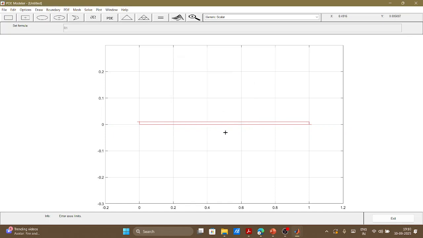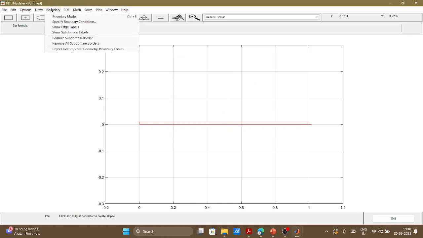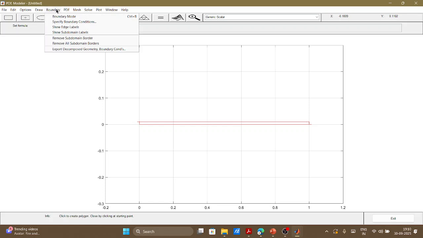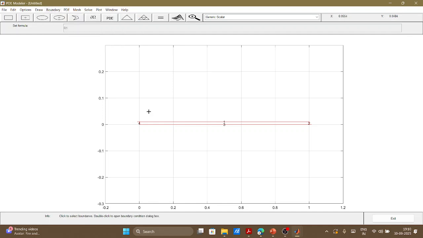Close, right? So this is my 2D rod. If you click on the boundary mode, only the extreme edges of your geometry will be seen. When I do show edge labels, I can see the labels of these edges. So I have 4 edges, 4 sides of my rectangle: 1, 2, 3, 4.